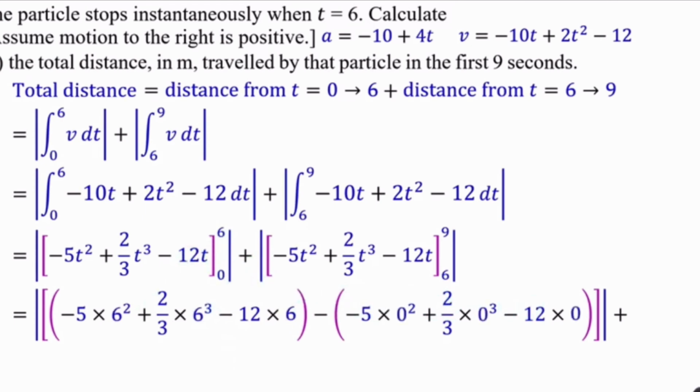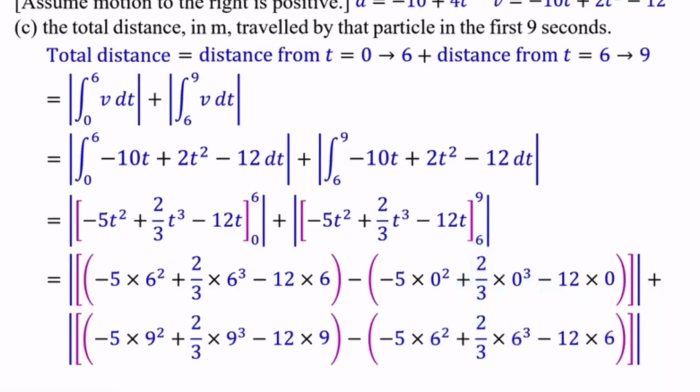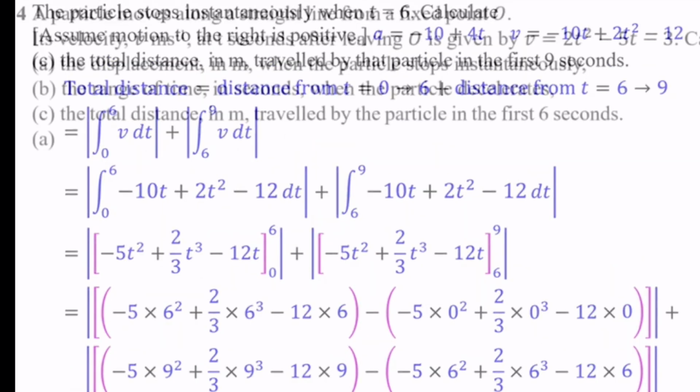So we will make it positive because this is actually displacement. In order to find the distance, we need to make it positive because distance is always positive. It's a scalar quantity and displacement is a vector quantity. So we need to be very careful when we add the distances. So the total distance traveled is 189 meters.